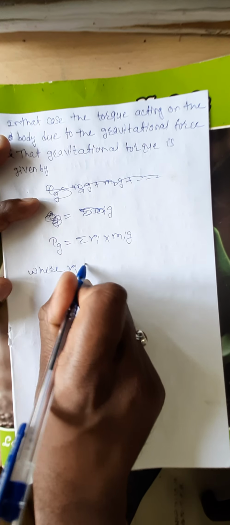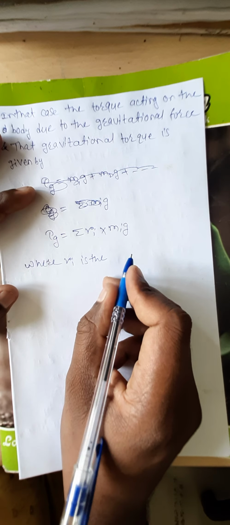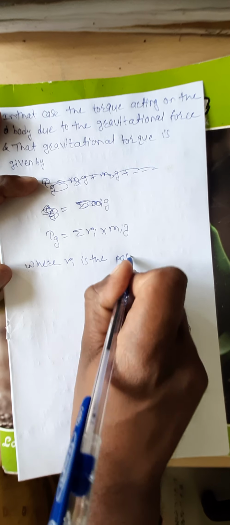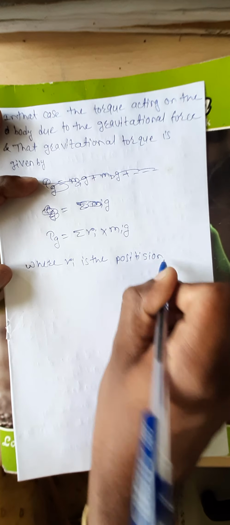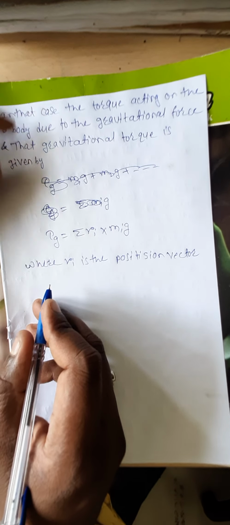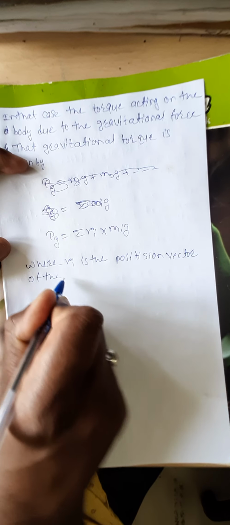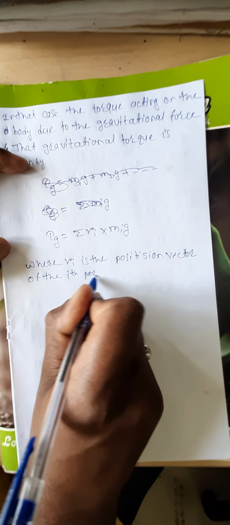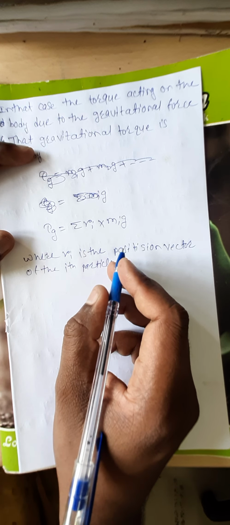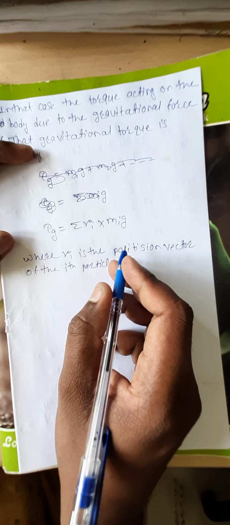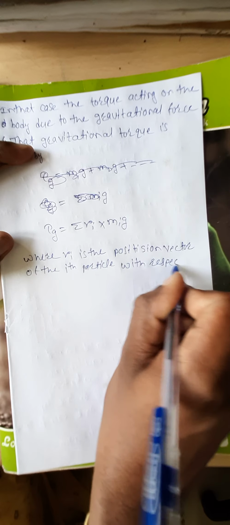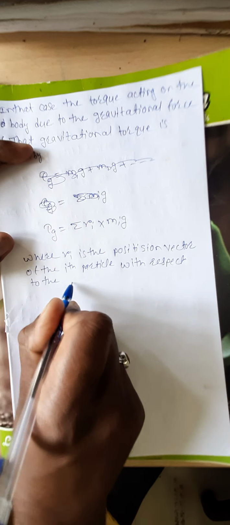Where Ri is the position vector of the ith particle of an extended body with respect to the center of gravity.